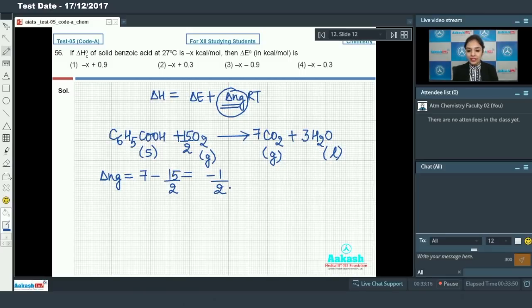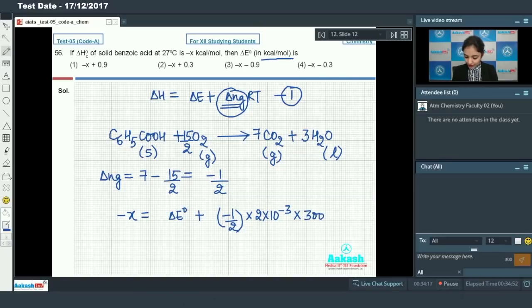Now our work is very easy. Substitute the value in the first equation. Delta H naught combustion is minus X kilocalorie, delta E naught we have to find out, and delta Ng is equal to minus half, into the value of R. Since you have to calculate the value of delta E naught in kilocalorie per mole, in what unit will we take the value of R? In kilocalorie. So it is equal to 2 into 10 raised to the power minus 3, and into temperature in Kelvin, that is 300 Kelvin.